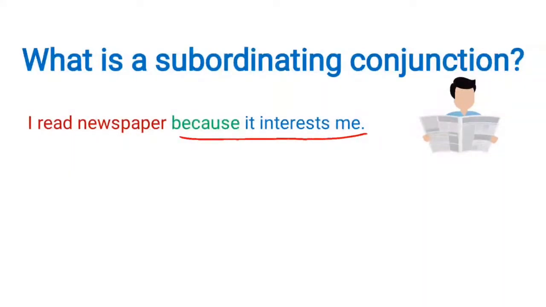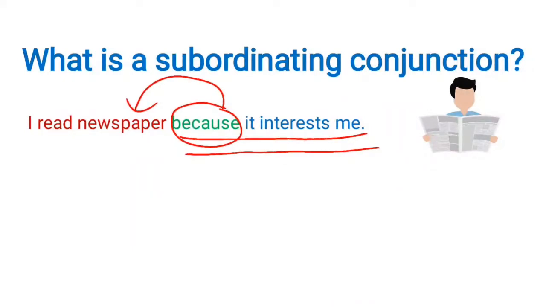Now this particular clause is dependent for its meaning on the other clause, I read newspaper. Here the conjunction because is used to introduce this dependent clause or subordinate clause. Hence, because is called a subordinating conjunction.